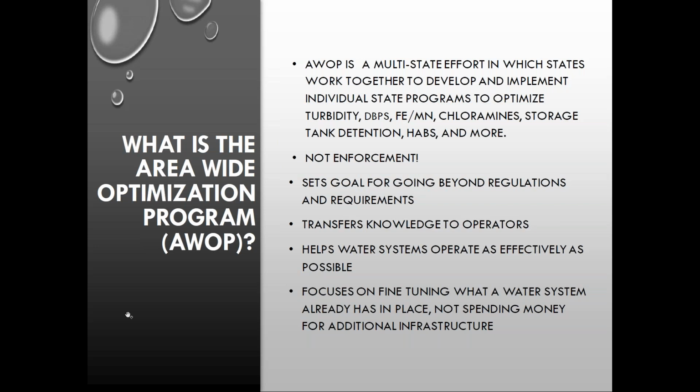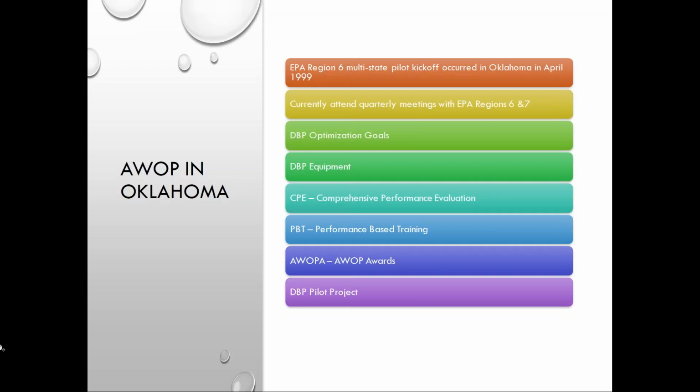In addition, AWOP helps water systems operate as effectively as possible, and it focuses on fine-tuning what a water system already has in place and not spending money for additional infrastructure. The reality is additional infrastructure may be needed, but if you optimize first, you can focus on the best place to put that funding. Next slide, please.